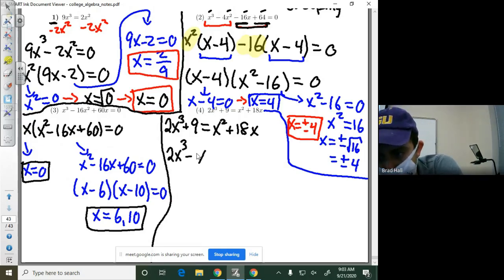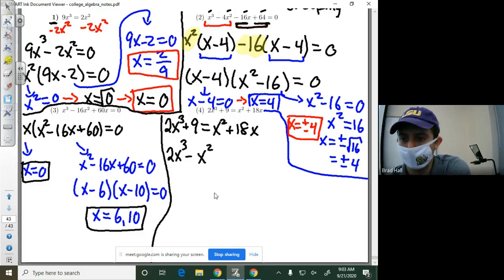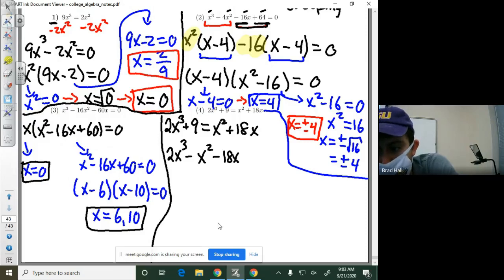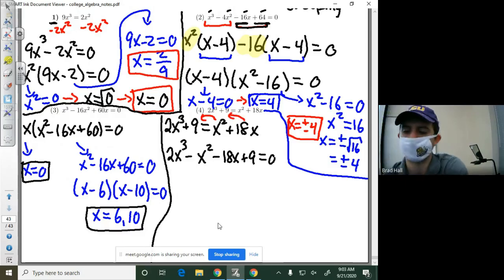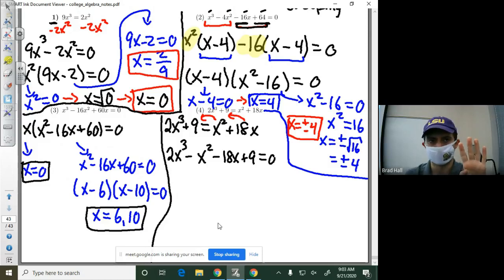So minus x squared, and then minus 18x and plus 9 is equal to 0. So I moved everything over to the left, which changed those signs. So we have 4 terms equal to 0. We can go ahead and use grouping.